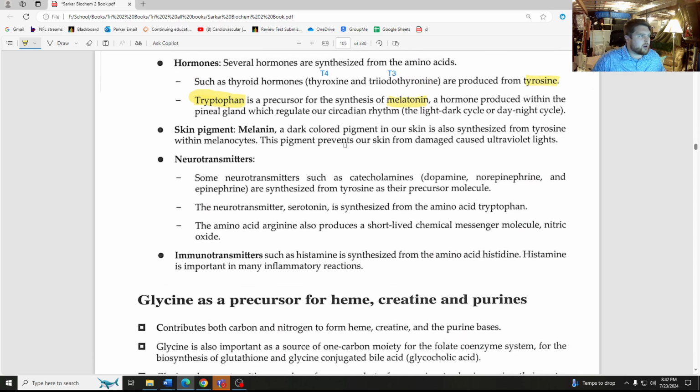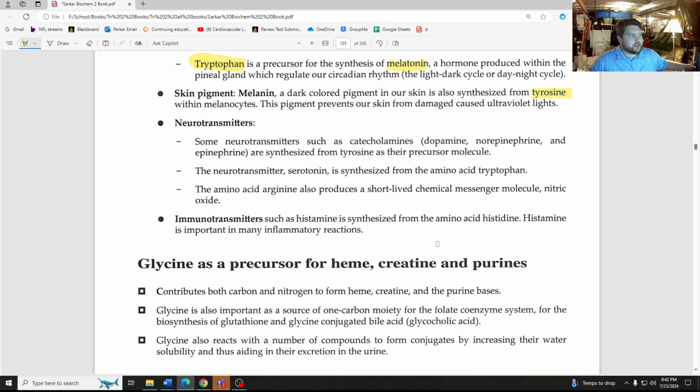Melanin is the dark-colored pigment in our skin. It's synthesized also from tyrosine within melanocytes, which are in the skin. The pigment prevents our skin from damage caused by ultraviolet light.